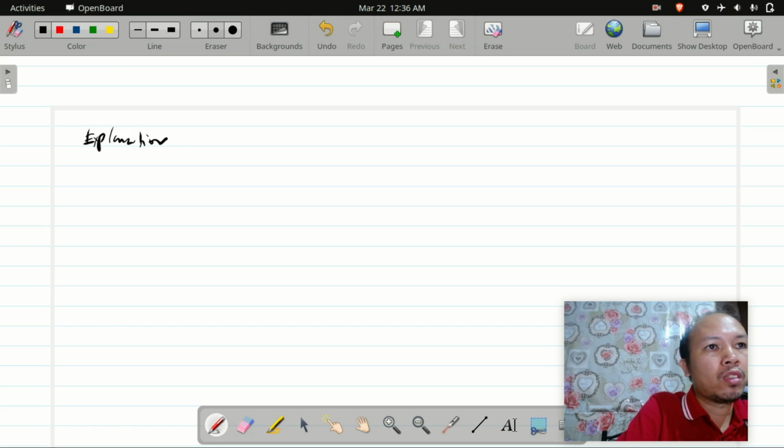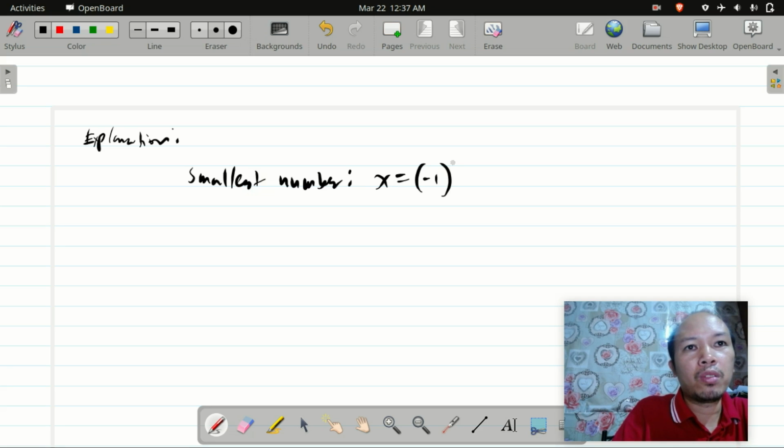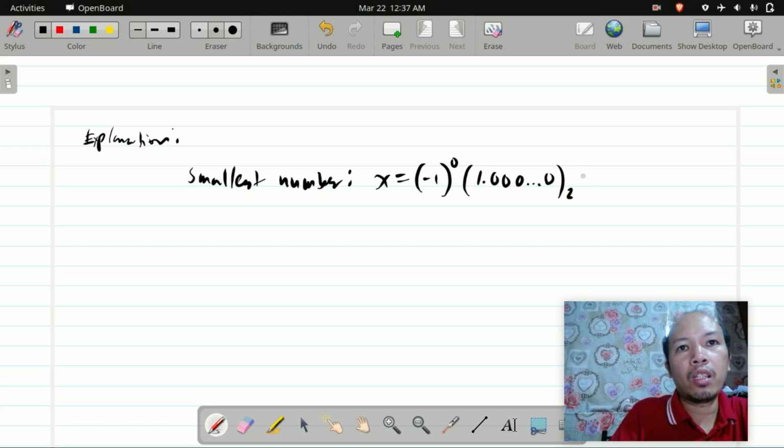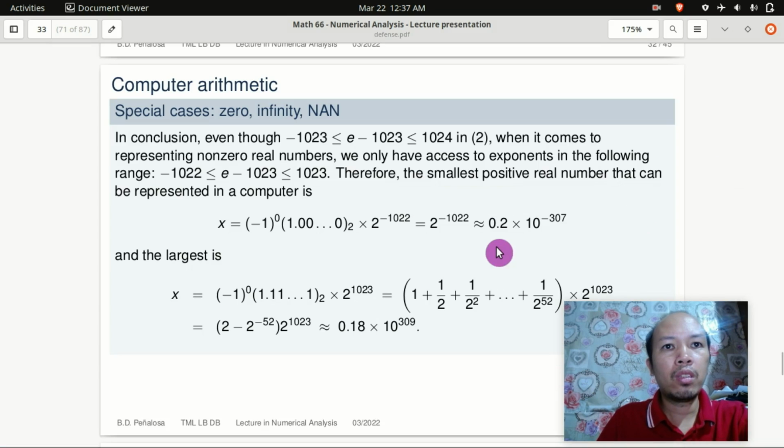For the smallest number we have negative 1 to the 0, we have 1.00 and so on, times 2 to the negative 1022, this one here.